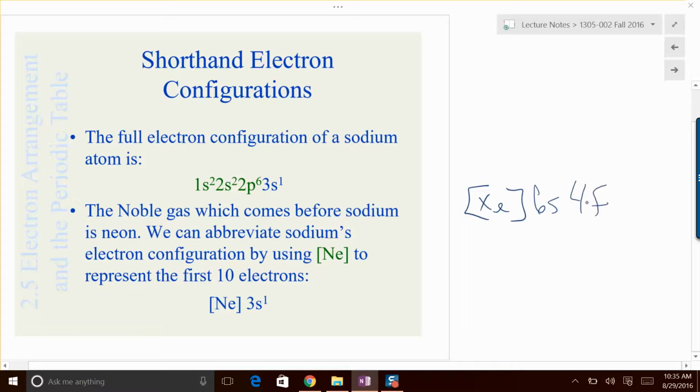And after 4f, 5d. And what is mercury's position in the 5d? 10. And then I fill everything up before it, 14, 2. So the electron configuration of mercury is xenon, 6s2, 4f14, 5d10. That is its shorthand electron configuration. That's how I'd write it in shorthand.